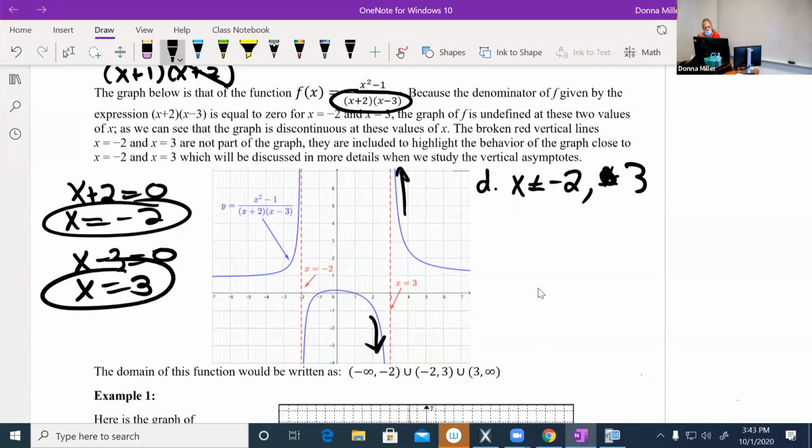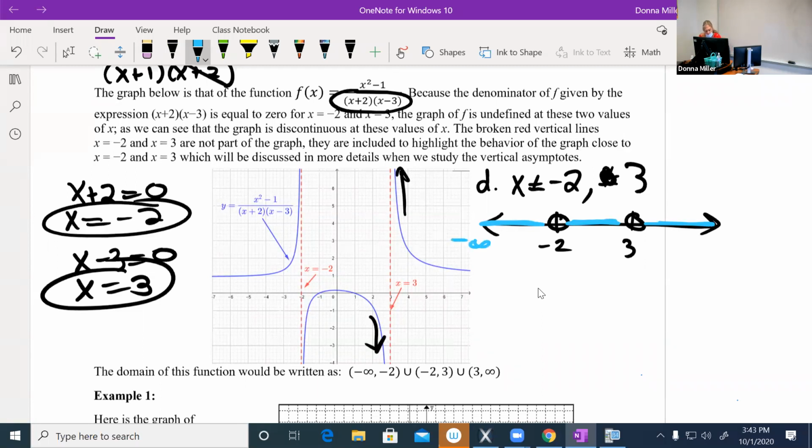So my suggestion to you is draw a number line. Here's -2, and here's 3. And it can't be those, so it's a little open circle. So it's everything except those numbers. So I have an interval for this, an interval for this, and an interval for that. So 3 intervals I need for my solution.